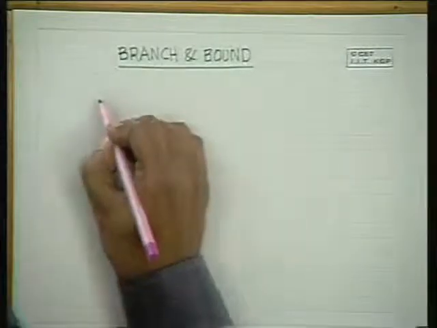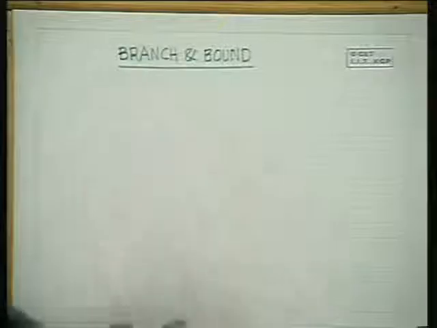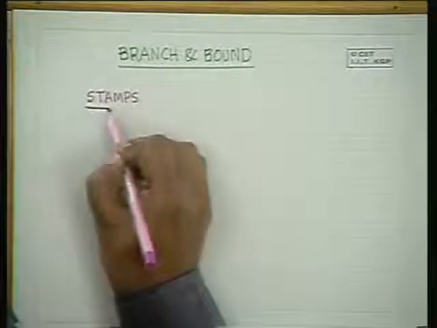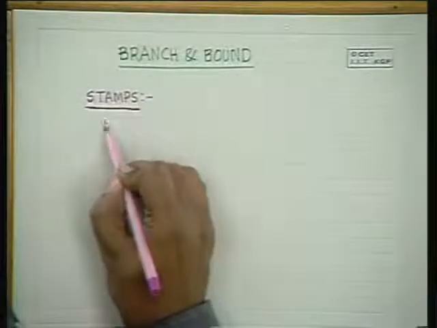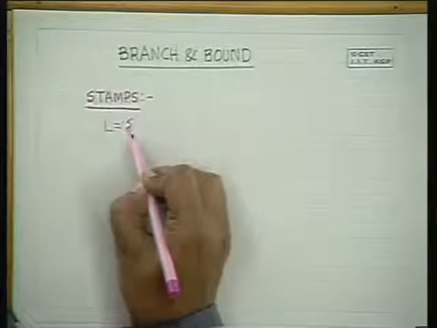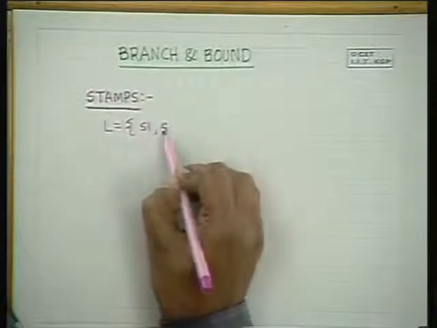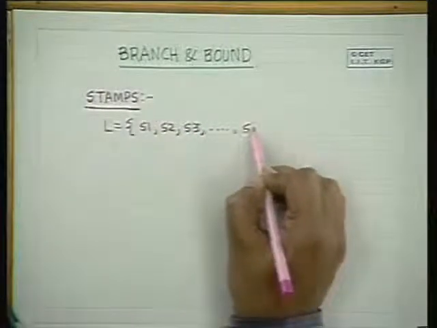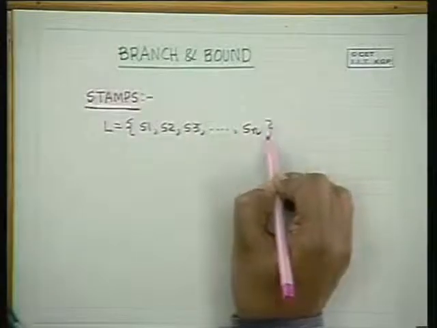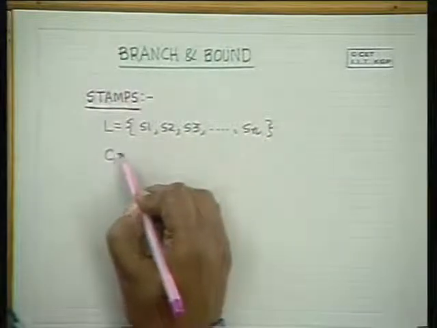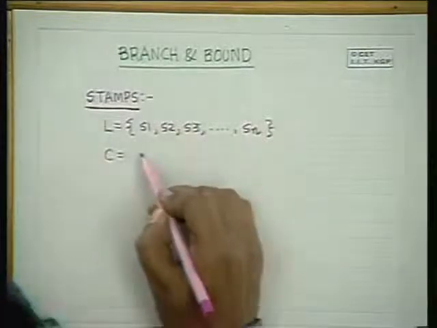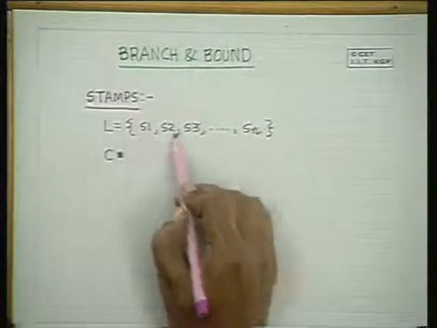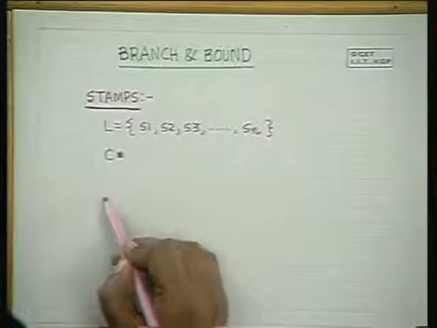The problem, you will recall, we have done earlier, that is the stamps problem. In the stamps problem, you are given a set of stamps, a list or a set, S1, S2, S3, up to Sn, say. And you are given a quantity, value C. Now, you are to pick out a set of stamps in the solution.